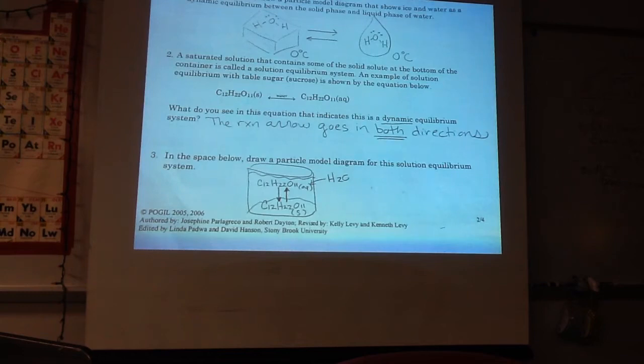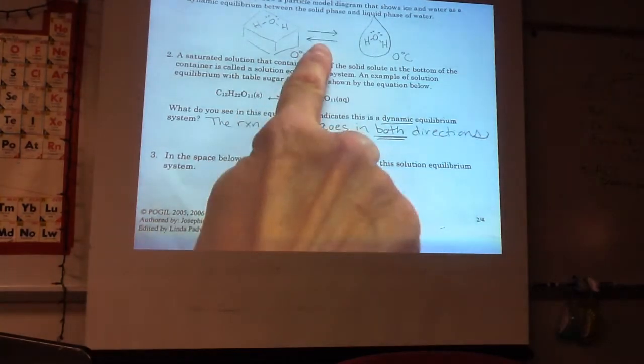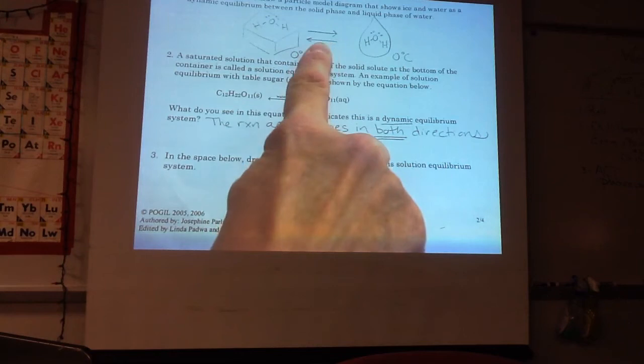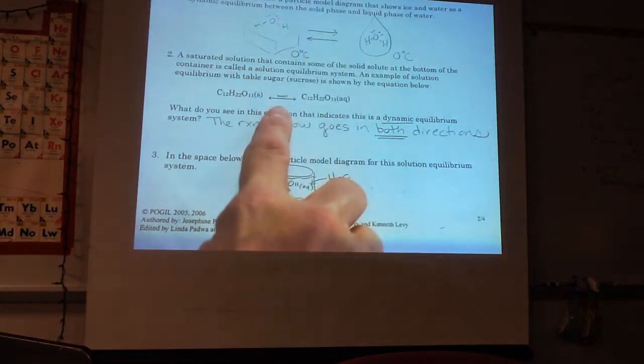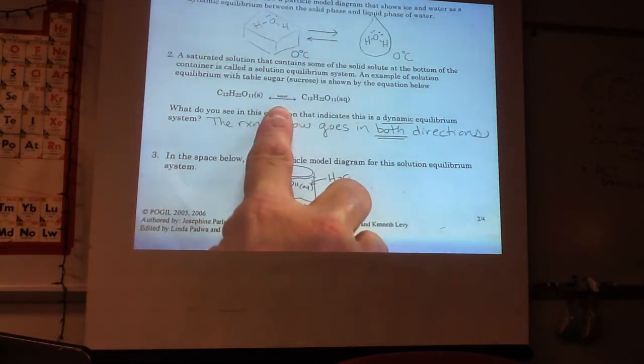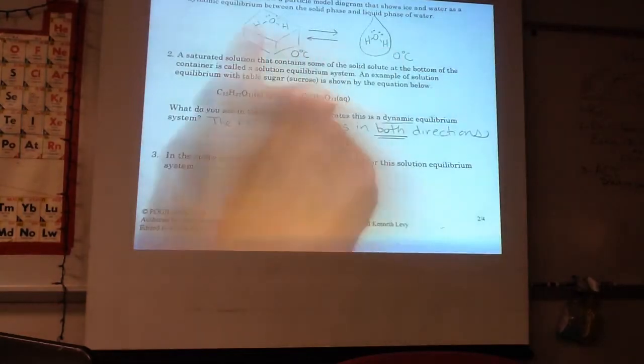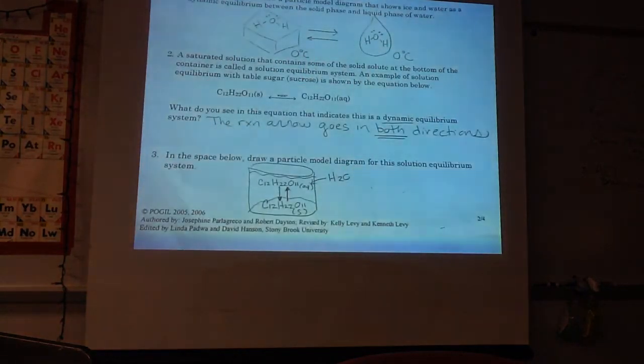Or you can do what I do. I just put an arrow to the right, arrow to the left. Either one is adequate. They both mean the same thing. And the implication is these reactions go backward and forward at a constant rate once equilibrium is established. That's what this whole chapter is about.